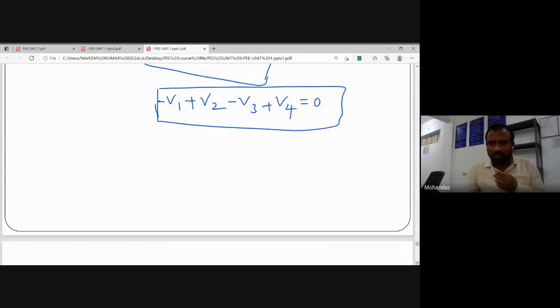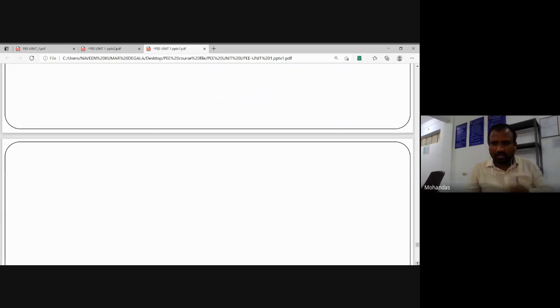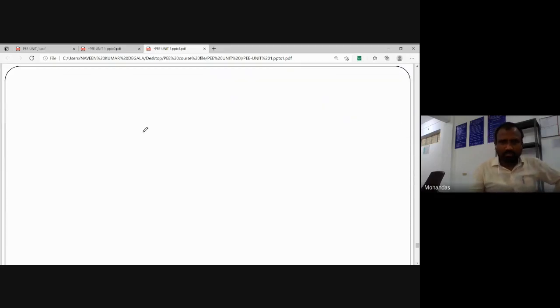By using KCL, KVL and Ohm's law, try to solve this problem. So far we have discussed the theoretical concepts related to Ohm's law, KVL and KCL. Let us apply those laws to calculate the current in a particular circuit.